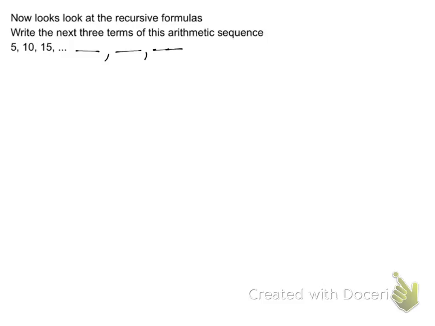What's the next term? 20. And then 25. And 30. What are you doing? You're adding 5 to what? What are you adding 5 to? Not the next number. You're adding 5 to the previous number.